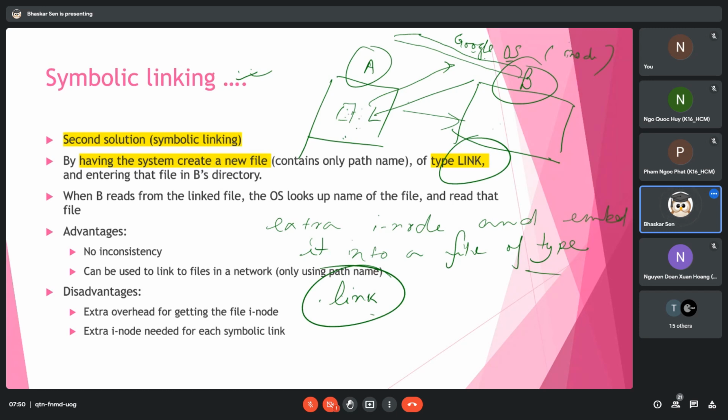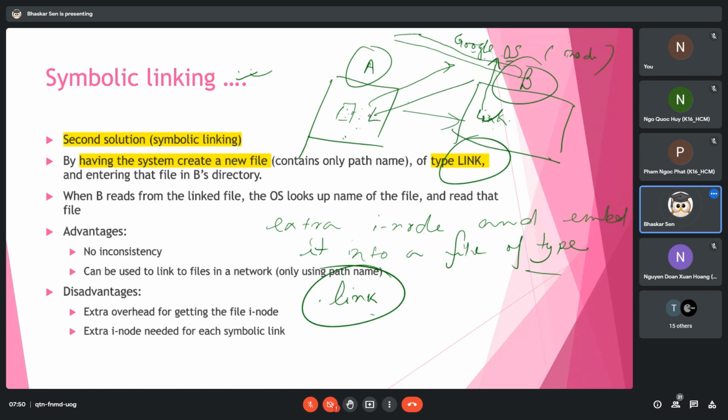Okay? And now Mr. B will get the link. And Mr. B will click on the link. As he clicks on the link, he again reports back to the Google operating system.